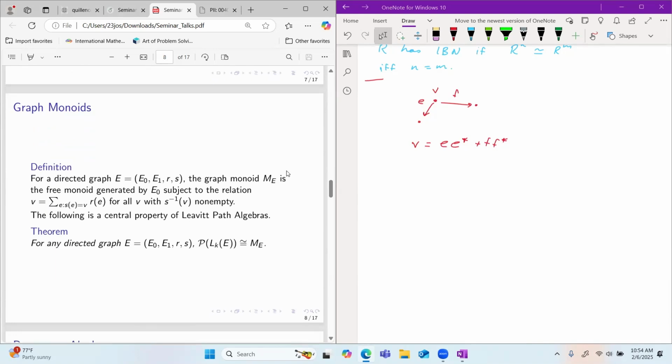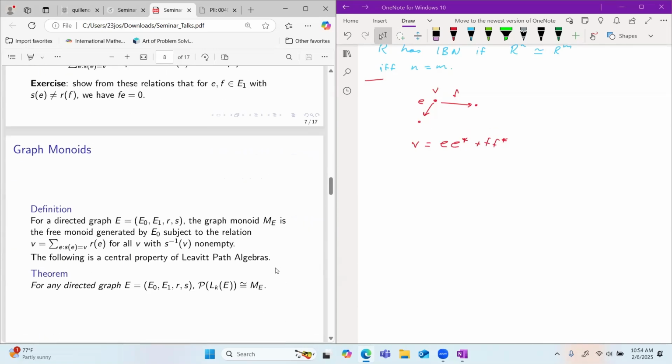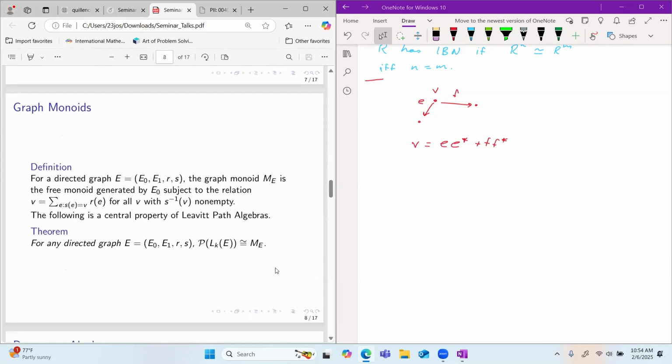So the really important property of Leavitt path algebras is that these relations here allow you to say something very strong about the structure of the finitely generated projective modules. There's a very visual interpretation of what this monoid is, and we'll lay it out here.